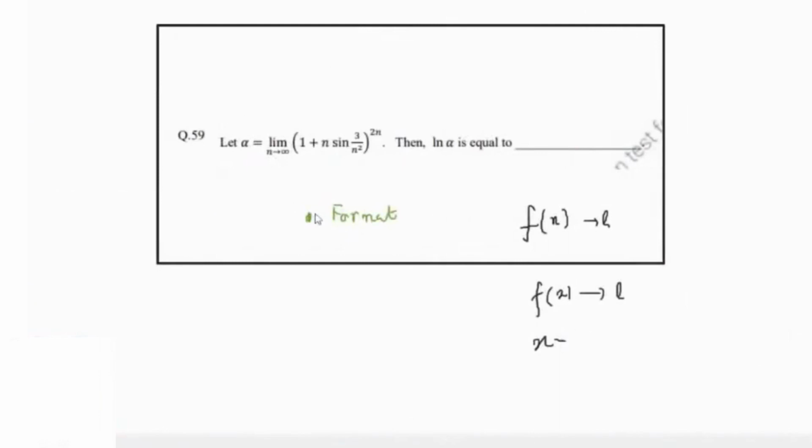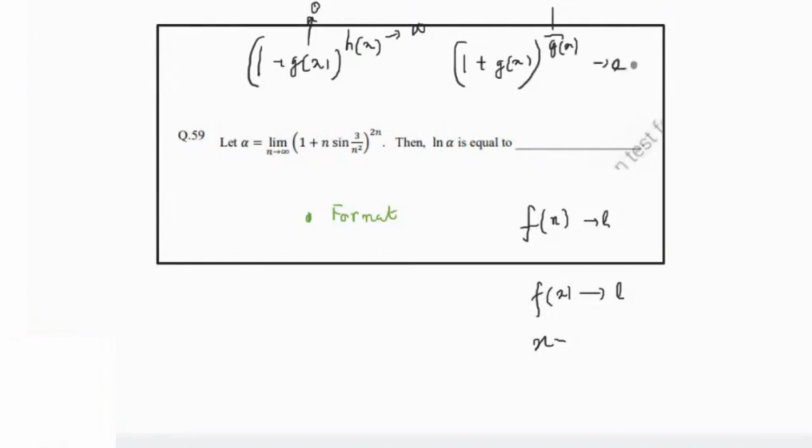By the exponential property, the limit of 1 plus g(x) whole to the power 1 by g(x) will go to e, since g(x) is going towards 0.